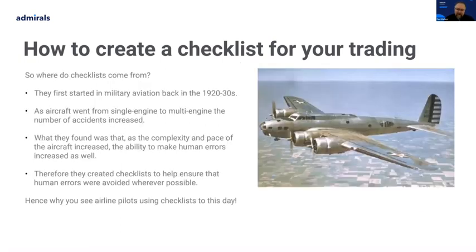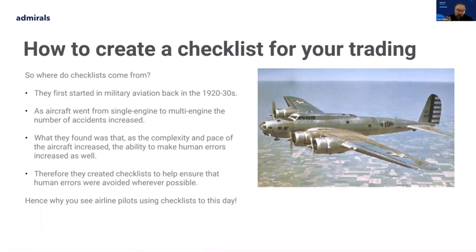So a little bit of background, for those of you who are interested: where did checklists come from? Well, they actually come from military aviation back in the 1920s and 1930s, about 100 years ago. As aviation grew and expanded, aircraft went from little single-engine biplanes towards big multi-engine aircraft, like that American B-17, a four-engine aircraft.